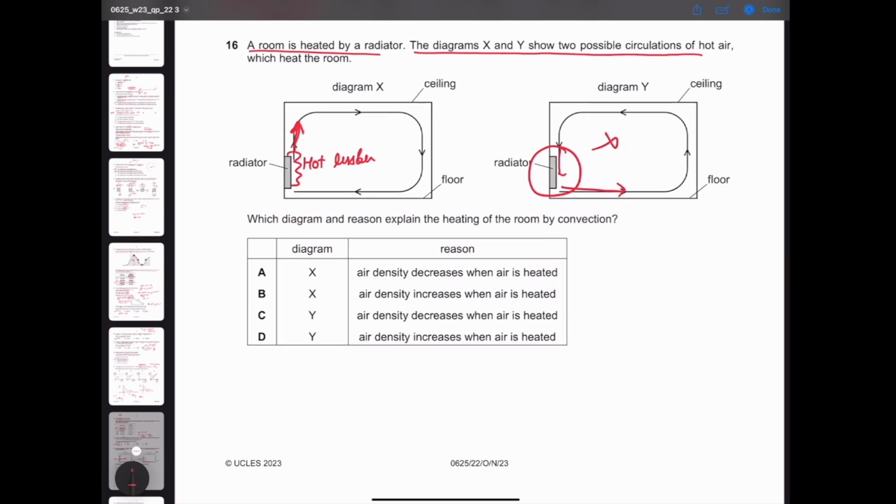Wrong. Diagram Y is wrong. Any option mentioning diagram Y is already wrong. Hot air always goes up because it is less dense. All right, so diagram X is correct, but what is the reason? Air density decreases when air is heated. This is true. Hot air, the particles are far away, so the density is less. Answer should be A. Very simple.